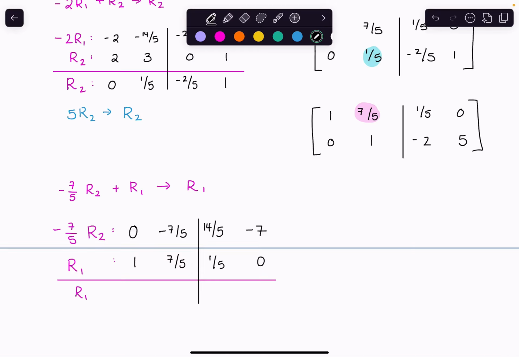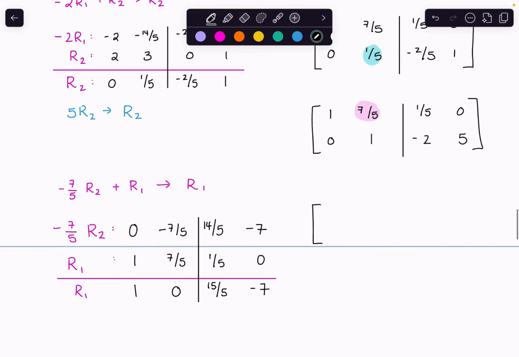So adding these together gives us 1, gives us 0. Here you end up with 15/5, which is nice because that is just 3. So the result for new row 1 would be 1, 0, 3, -7, and then the second row has stayed unchanged.